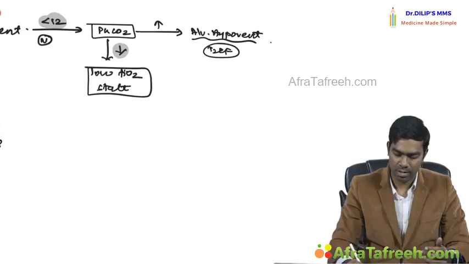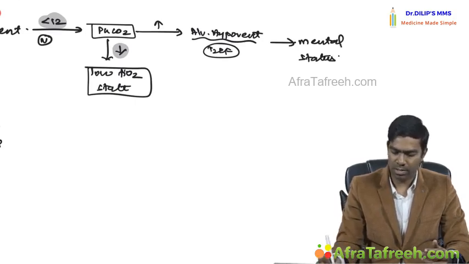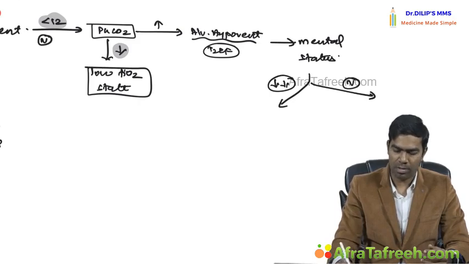If PaCO2 is increased and the patient is having alveolar hypoventilation, the next step is to see the mental status of the patient. The moment you know it's alveolar hypoventilation, see the mental status of the patient. The patient's mental state can be very altered, drowsy, or it can be normal.